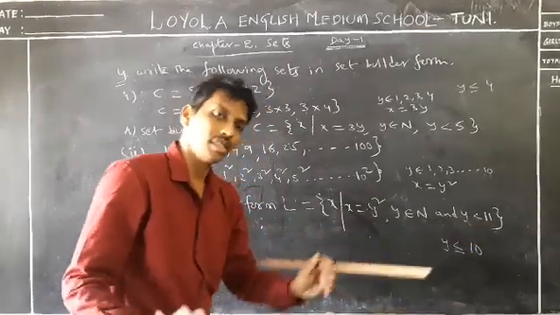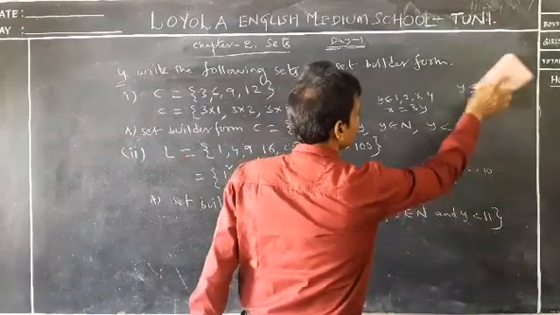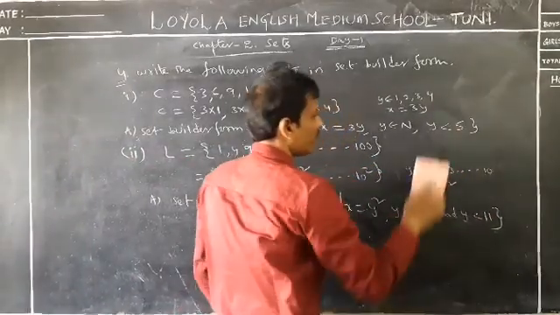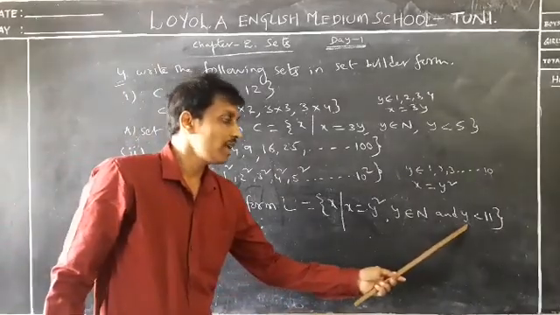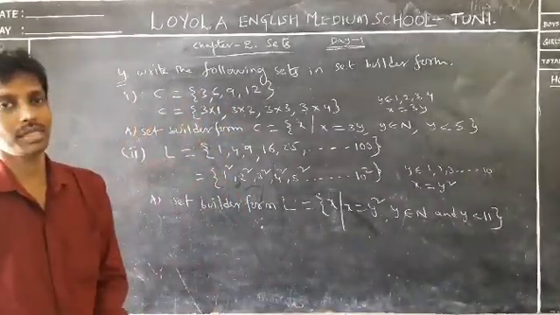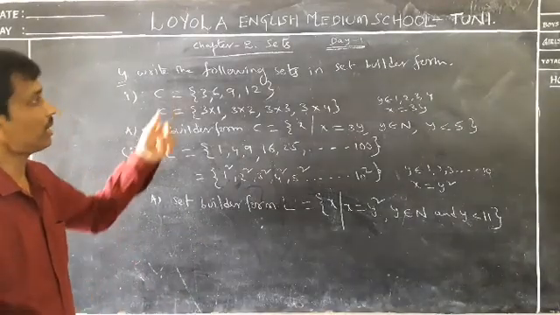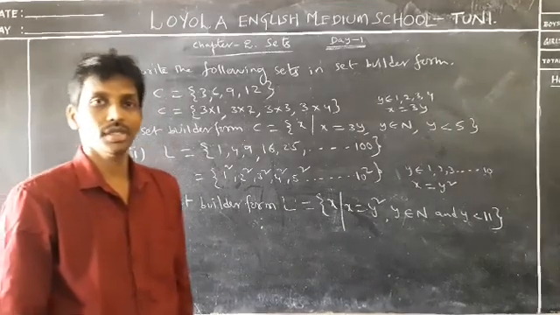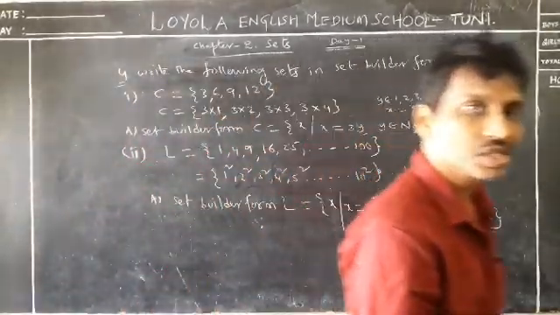Both give the same result. Don't get confused, either this one or that one: y less than 5 or y less than or equal to 4; y less than 11 or y less than or equal to 10. Both are the same. As per your convenience, you may convert the roster forms into set builder forms. So please note down these questions.